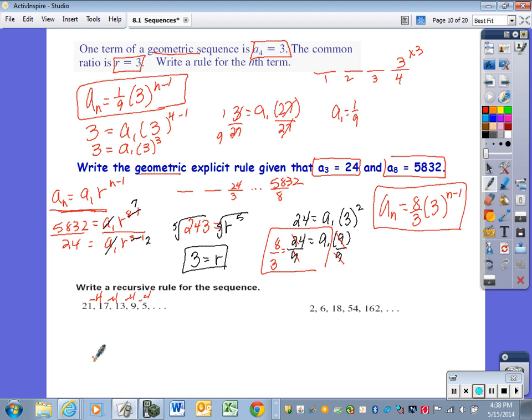So, I am subtracting 4 from the previous term, beginning with 21. How about here? 2 to 6 to 18 to 54 to 162. Times by 3. So, times the previous term by 3. Beginning with 2.